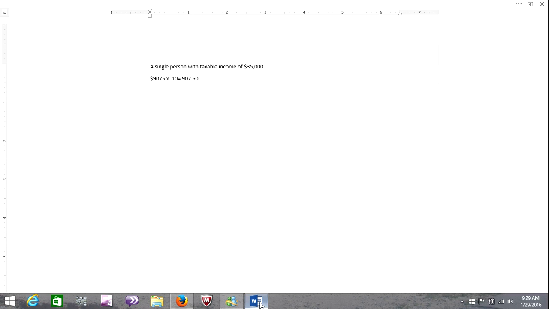Now the person's income was $35,000, but you've already paid taxes on the first $9,075. So to compute the rest of the tax at 15%, you're going to want to take 35,000 and subtract $9,075 because that part's already been taxed.